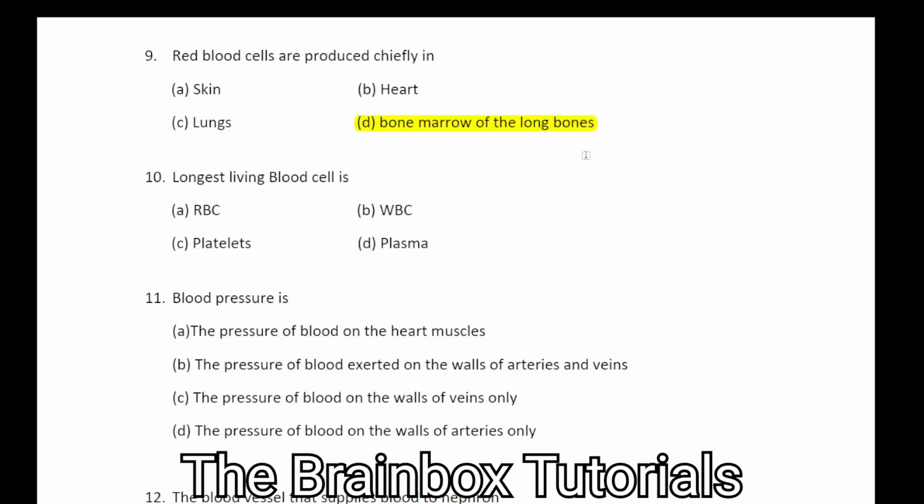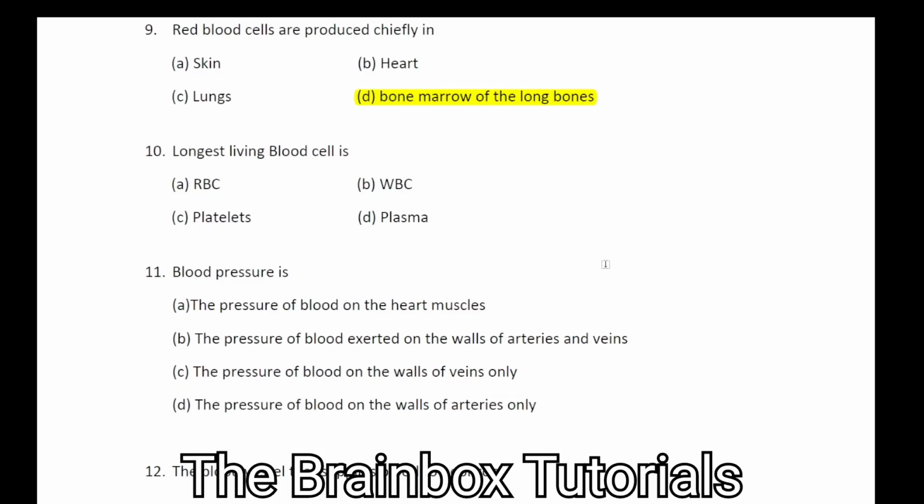Now number 10. Longest living blood cell is A RBC, B WBC, C platelets, D plasma. And the correct option is A RBC. The lifespan of RBC is around 120 days, whereas WBC is around 2 weeks, platelets is I think 2-3 days and plasma is not a blood cell. So it will be eliminated first.